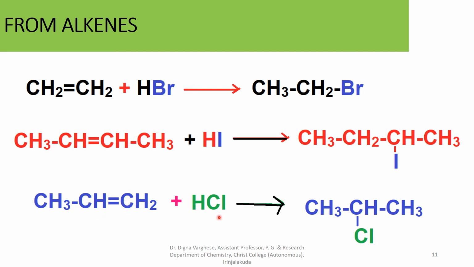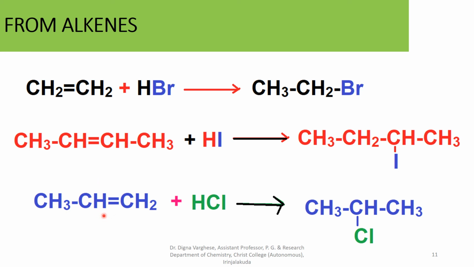The hydrochloric acid is added in such a way that the hydrogen atom attaches to that carbon atom which contains the greater number of hydrogen atoms, and the chlorine atom, that is the negative part of the molecule, attaches to that carbon atom which contains the lesser number of hydrogen atoms.